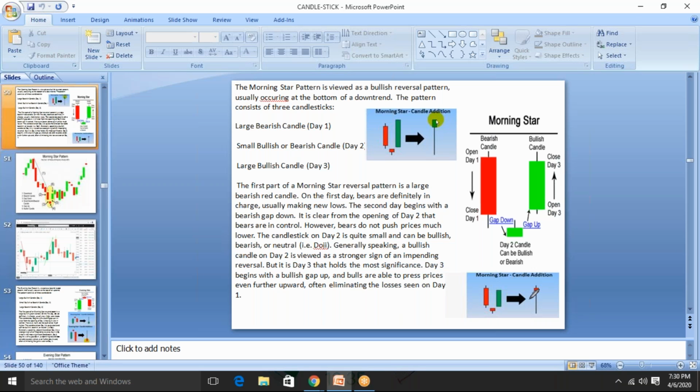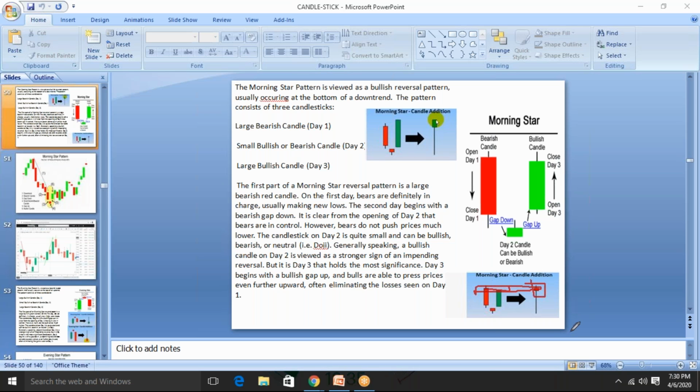Is it fine, sir? What is the psychology behind this? Three candles together have the effect of a hammer. This is the net effect, and the net effect is equal to a hammer.